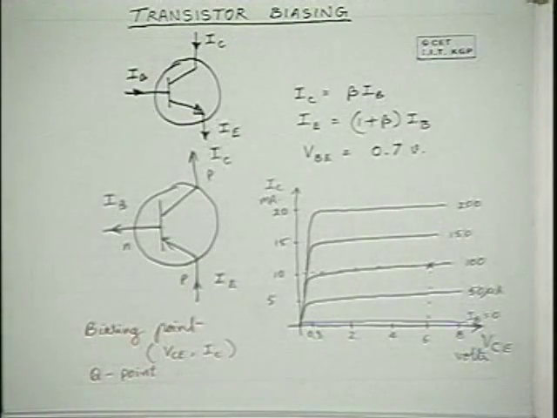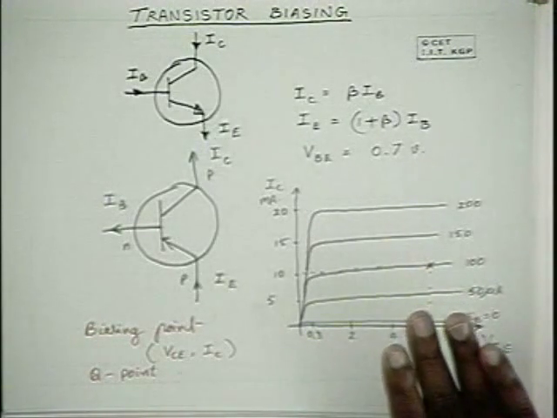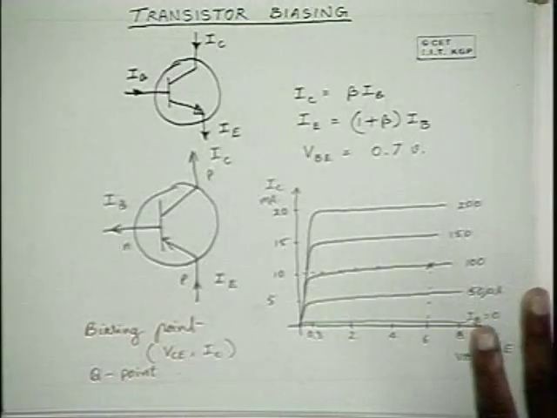because when no alternating signal is given as input, the transistor works with the DC conditions. It is quiescent. It works with the quiescent conditions.